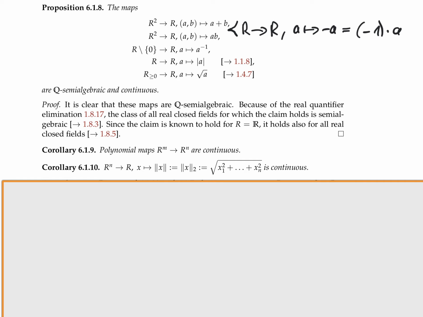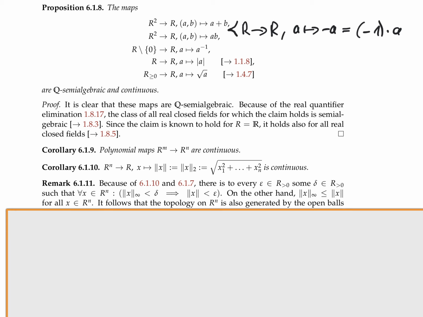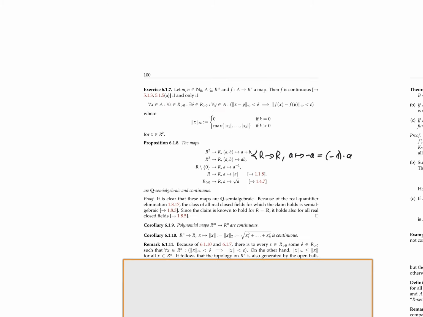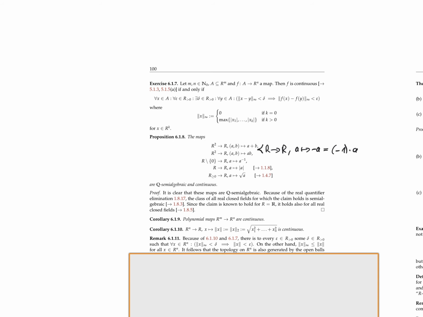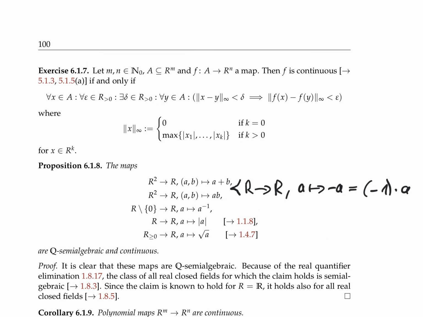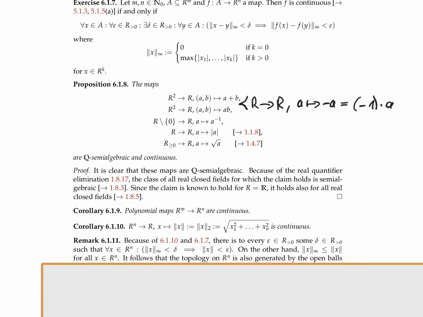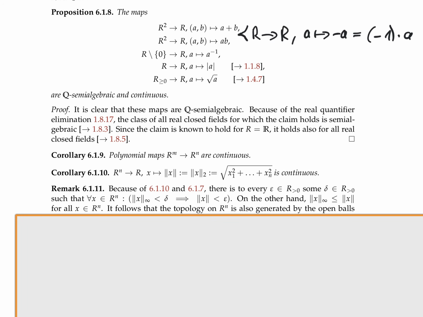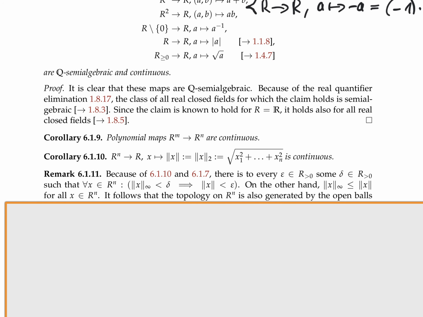But let me call it a norm, although it's not a classical one, and this is continuous, right? So this norm is continuous. And because of this fact and 617, namely this reformulation of continuity in a quite classical way with the infinity norm, let's see what continuity of this means.